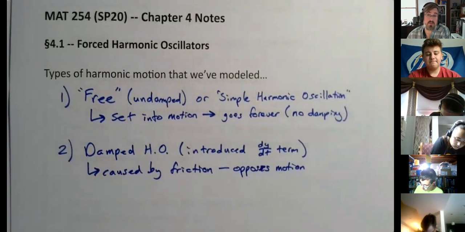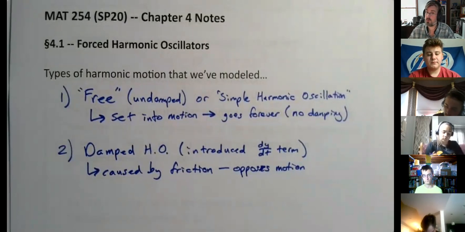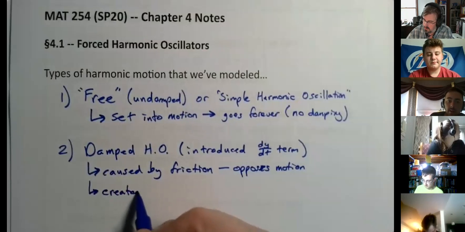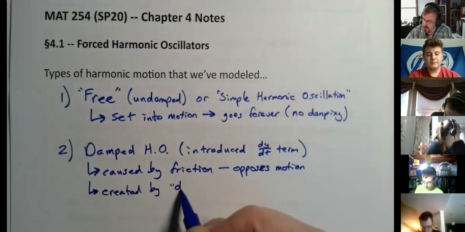So technically it opposes velocity, right? Not position. That's the spring constant. The spring constant says, stretch it further, I pull harder. That's not the way this works. This says, move faster, and I resist more, right? The fancy name for this is that it's created by what's called a dash pot.